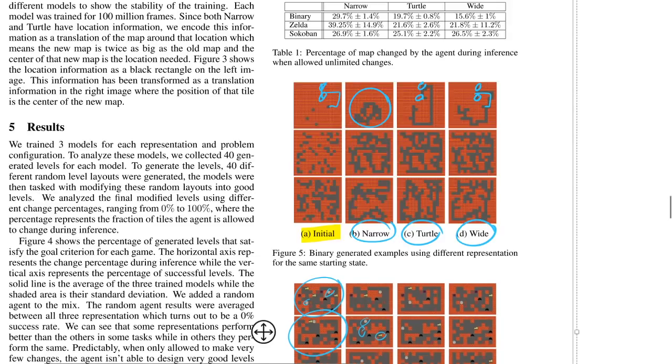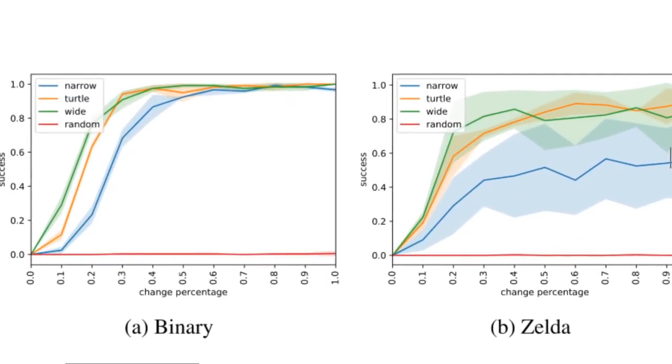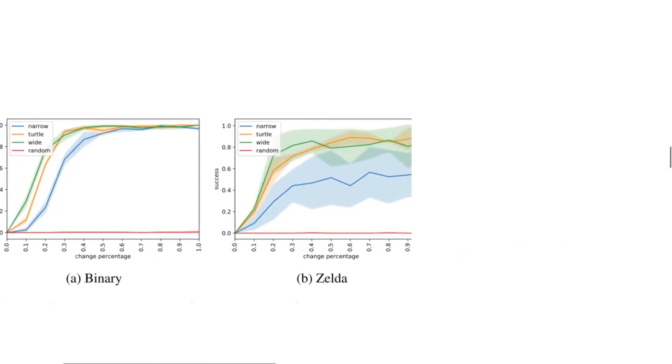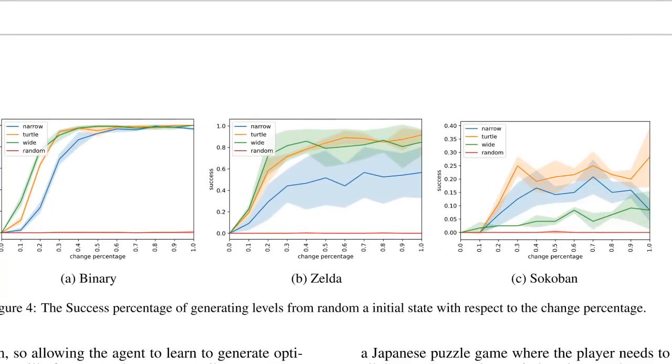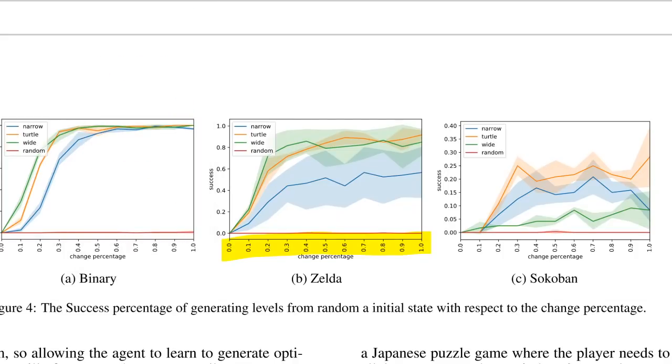And here you can see the different power of the algorithms. So in this binary problem, and this is the Zelda problem, this is the Sokoban problem, you can see that as you allow the agent at inference time to change more and more of the level, the percentage of levels where the agent succeeds in building a valid level goes up and up.